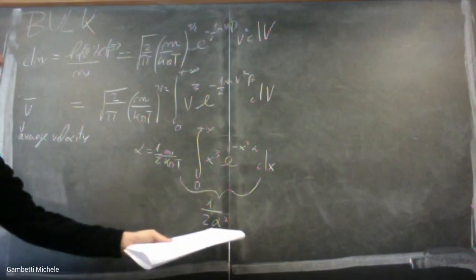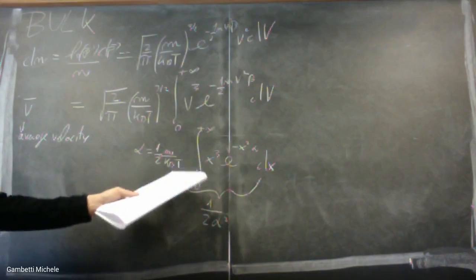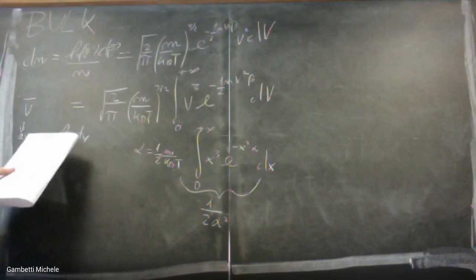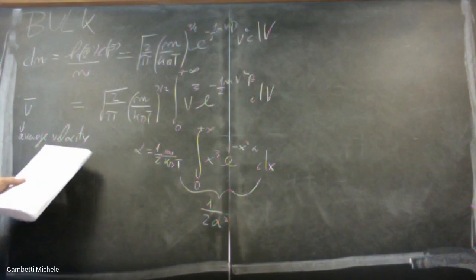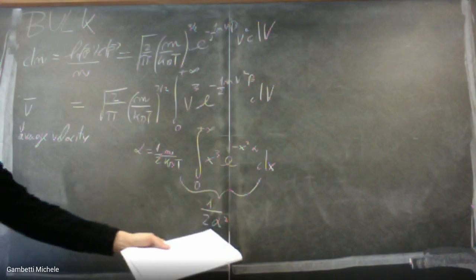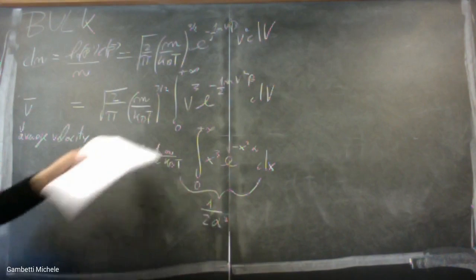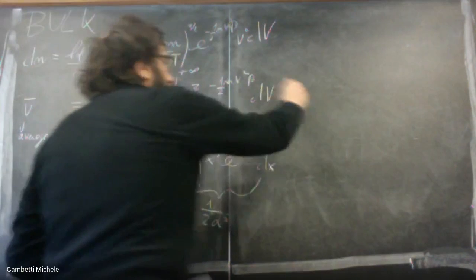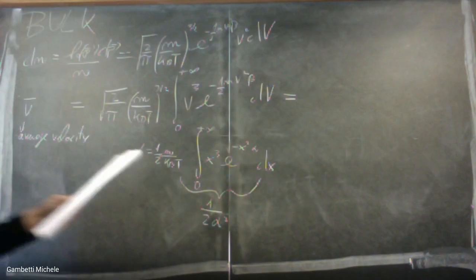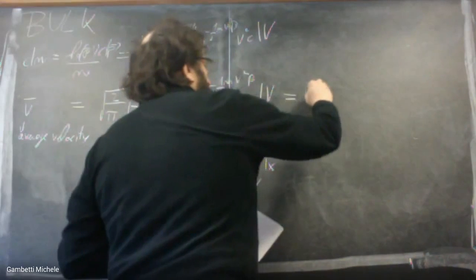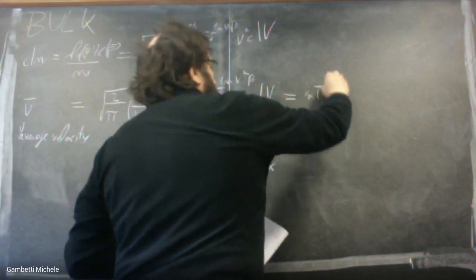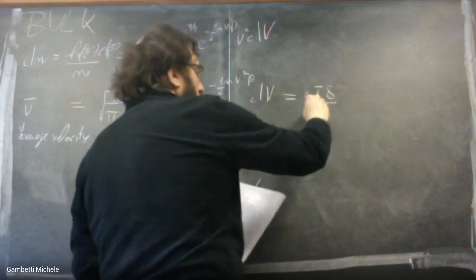And then when I go back to m and kBT, at the end the average velocity in the bulk, if you just now introduce alpha in this formula, one should get this number here. So kBT times 8 divided by m pi.